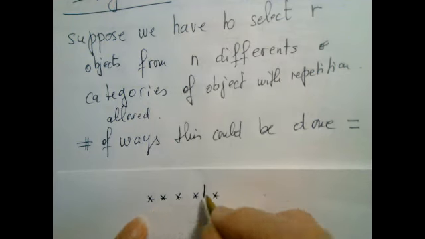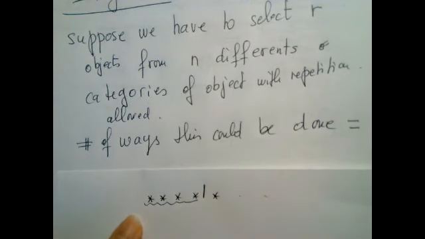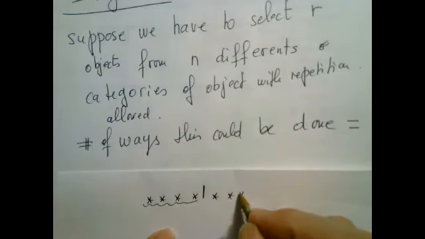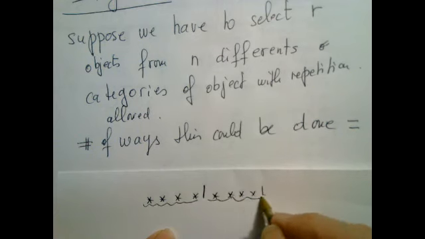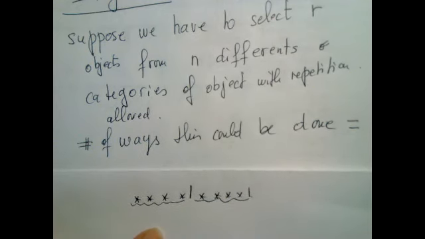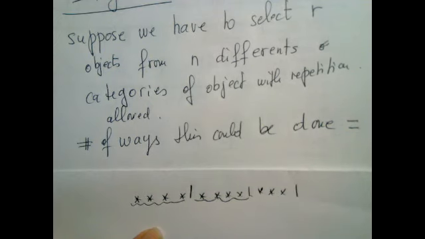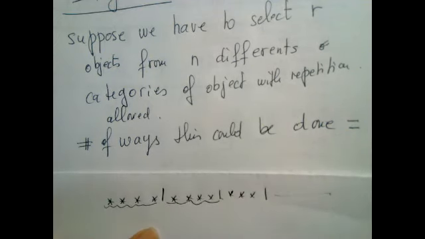So separator 1 means I have that much from the first object. These are the cookies. I took cookies because it's an easy scenario. That many from the second category, that many from the third category, and so on and so forth.